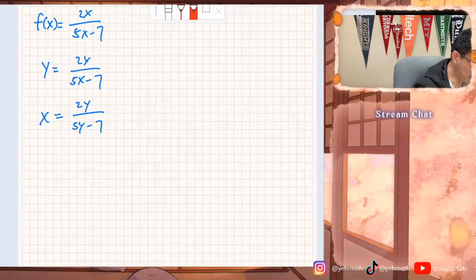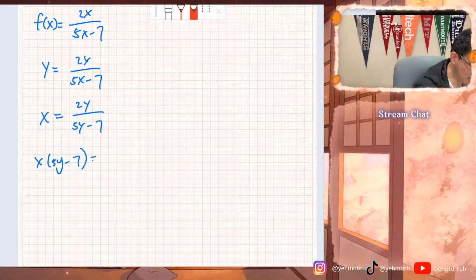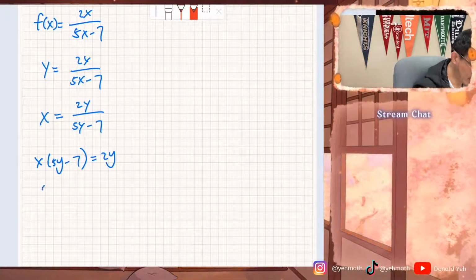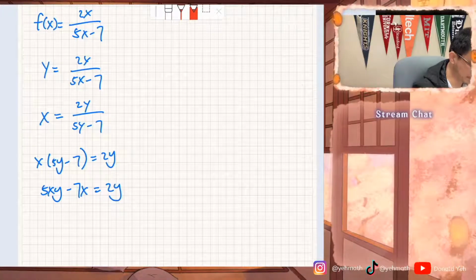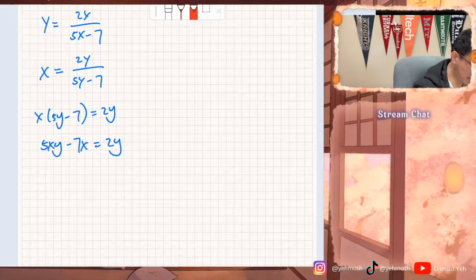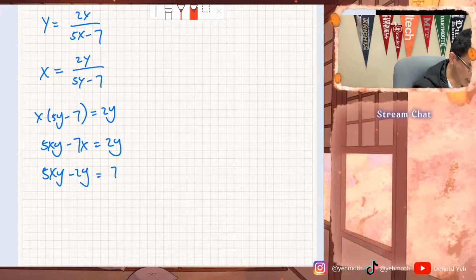To solve for y, you multiply both sides by 5y minus 7. So it'd be x times 5y minus 7 is equal to 2y, and there's a 5xy minus 7x equal to 2y. And you're going to get all the y together, so it'd be 5xy minus 2y equal to 7x.